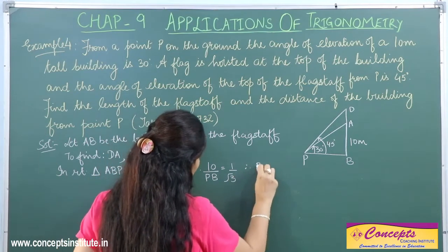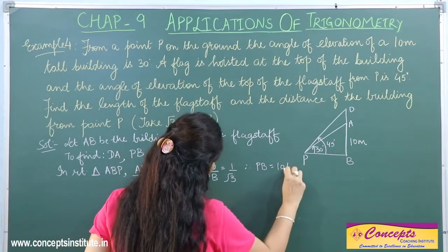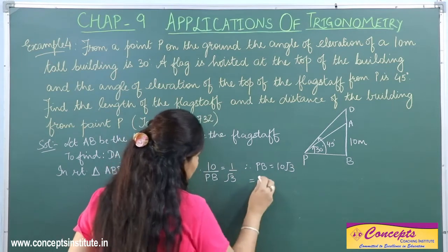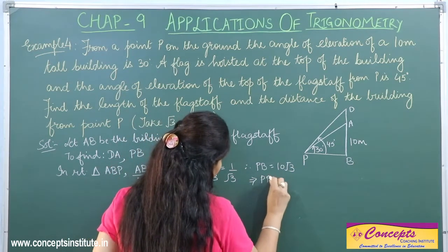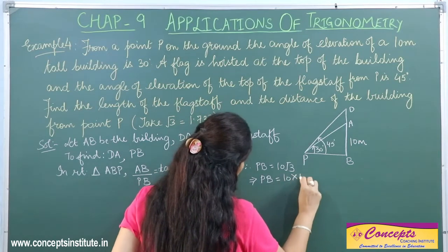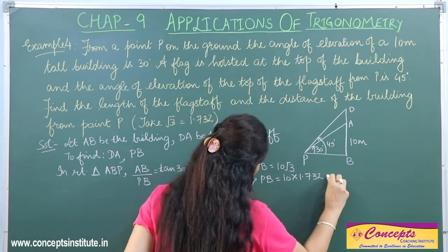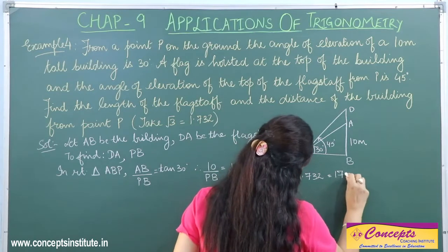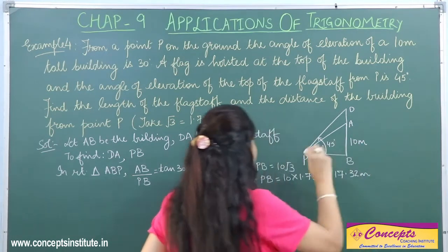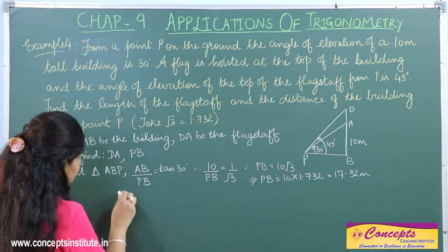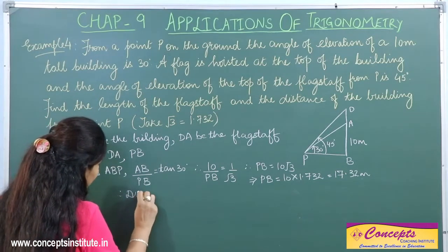So we get PB as 10 root 3. So that means PB will come out to be 10 into 1.732, that is 17.32 meter.